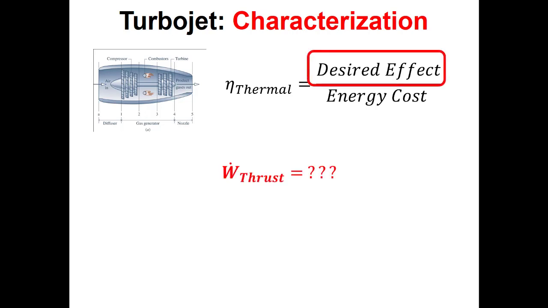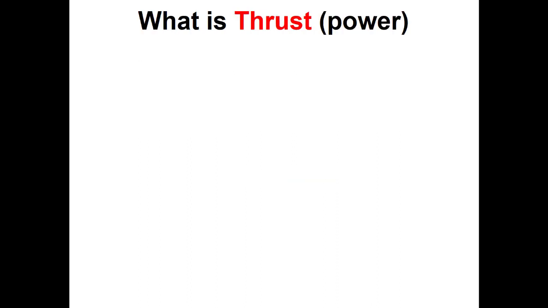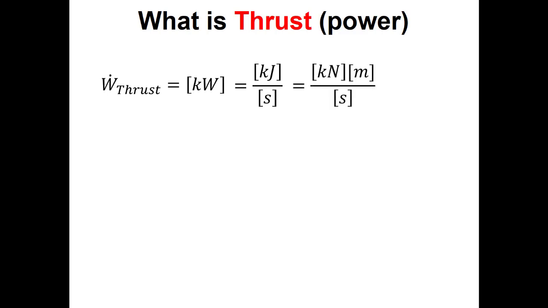We want some thrust, but we don't want a force here. We want thrust power, right? Because this is still going to be some kind of power divided by the energy cost, which is still going to be a heat rate in. So how do I get thrust power? Thrust power, in metric, should be in something like kilowatts. So that's kilojoules per second, which is kilonewtons times meters per second. But I know already an equation that gives me the thrust force in something like kilonewtons.